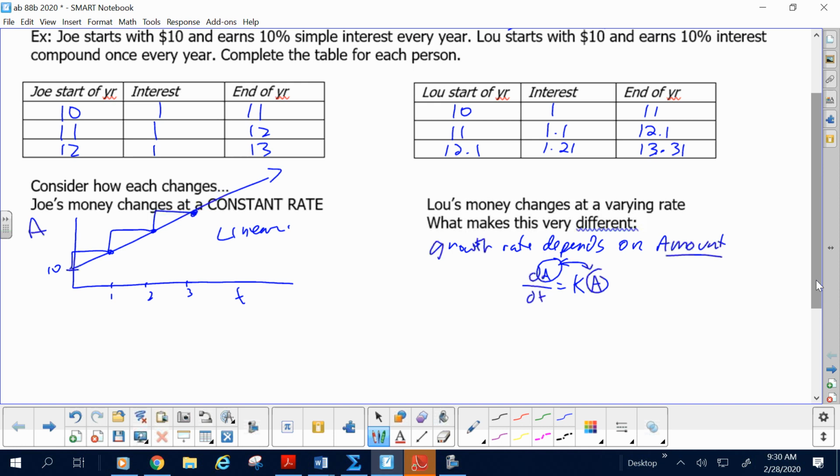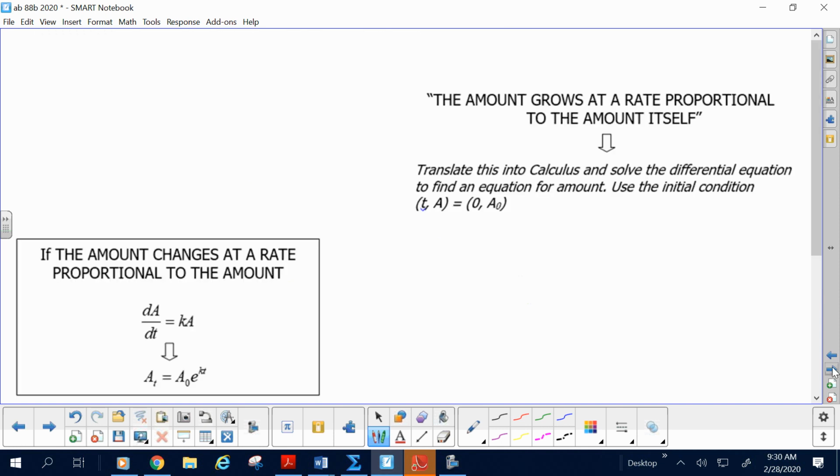All right? Now, getting into some calculus then, if I take that idea, the amount grows at a rate proportional to the amount itself, and throw a little calculus at it, then I want to get an amount equation, not a growth equation. So how do I get an amount equation, not a change?